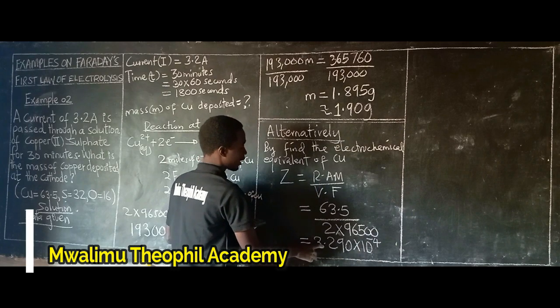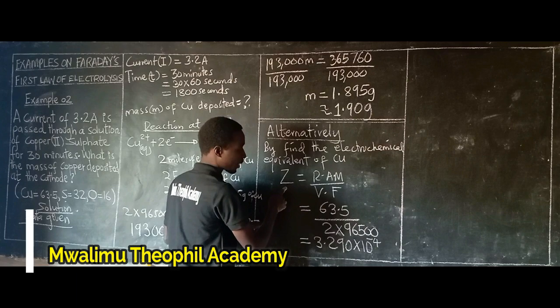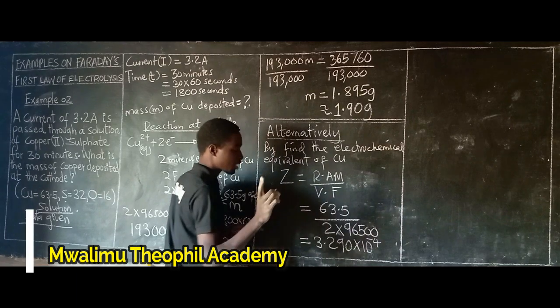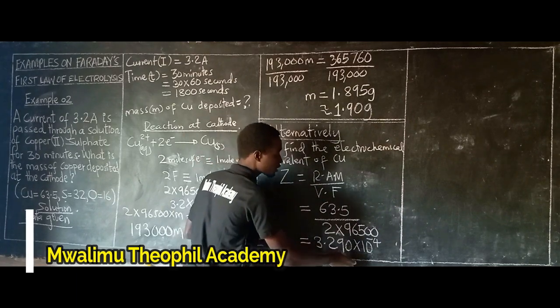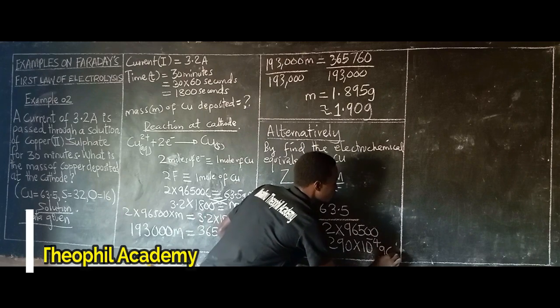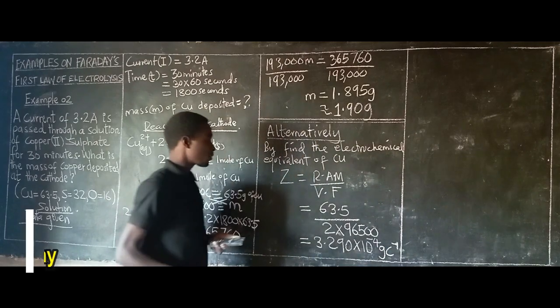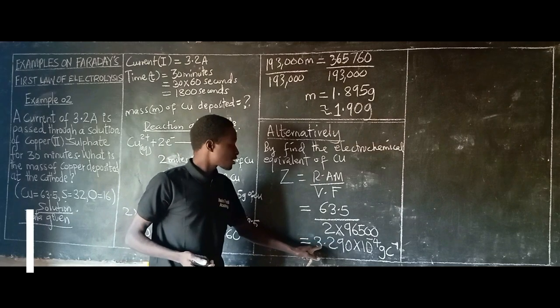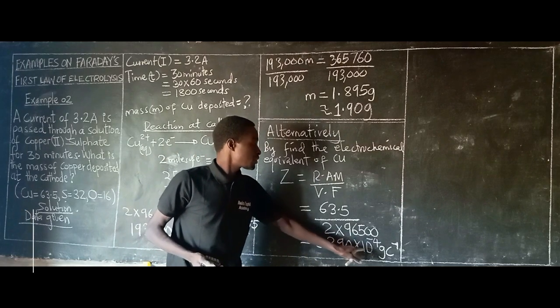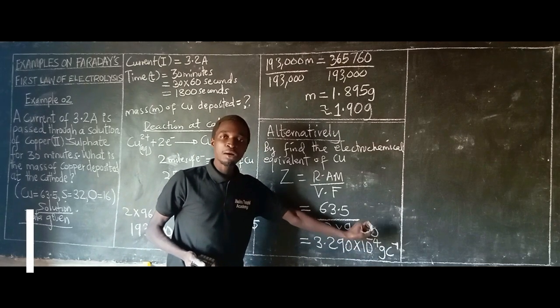This is the electrochemical equivalent of copper. Now, what is the unit? I told you that the unit for electrochemical equivalent is gram per coulomb. So, the electrochemical equivalent of copper is 3.290 times 10 raised to negative 4 gram per coulomb.